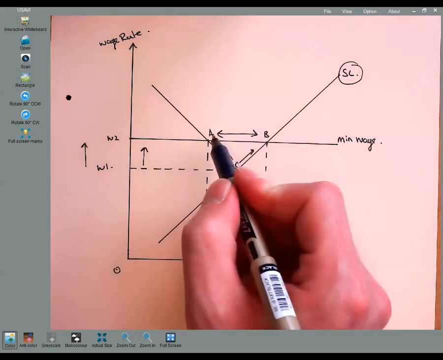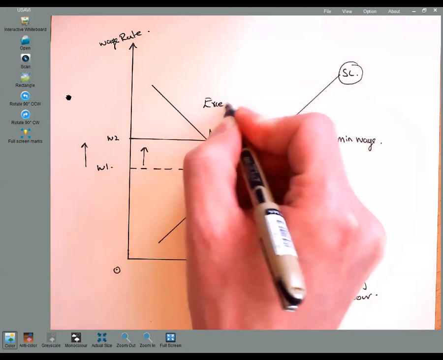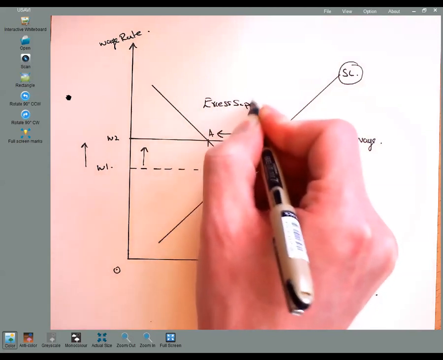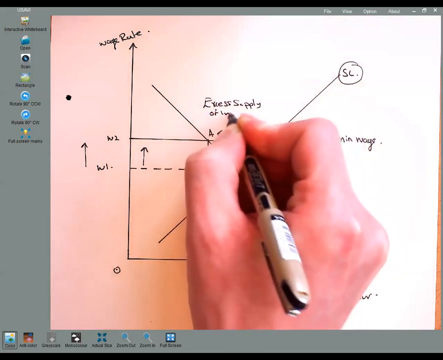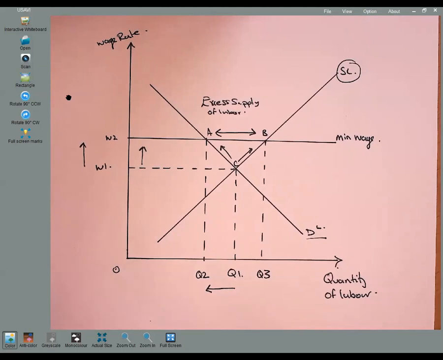Now what we've got here between A and B is excess supply of labor. Now if this was a product market, it would be excess supply of the product. More of the product is being supplied than what consumers actually demand because from a consumer point of view, the price has increased, therefore they're less willing and able to purchase that good.